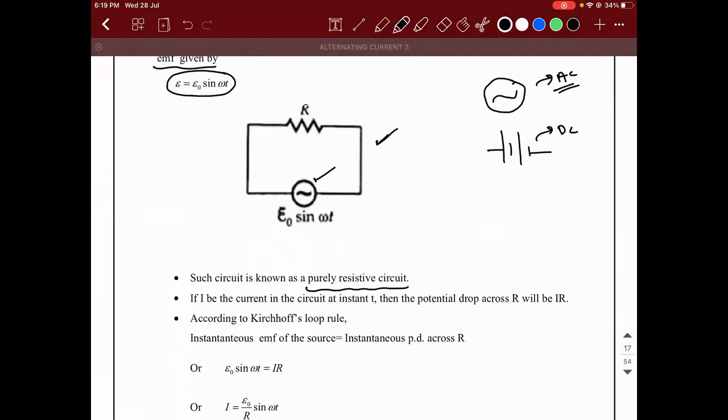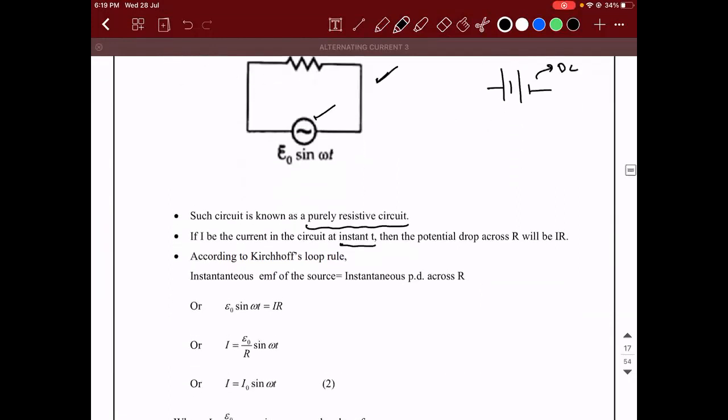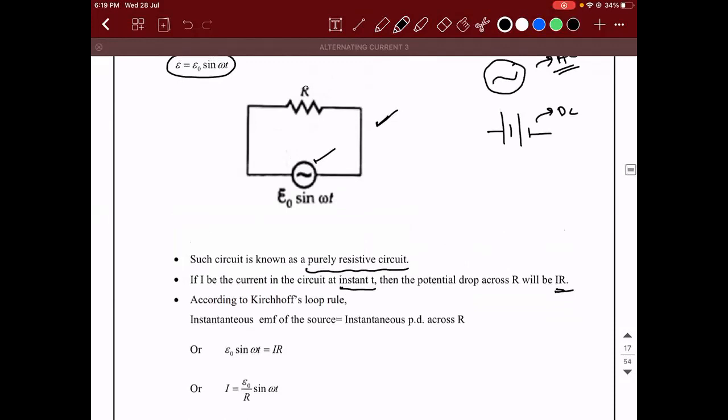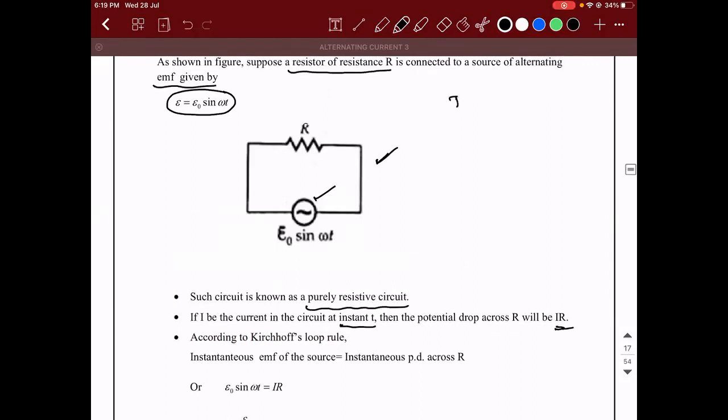Suppose I be the current in the circuit at instant t, then the potential drop across the resistor will be I into R. Then can I write I is equal to E divided by R?